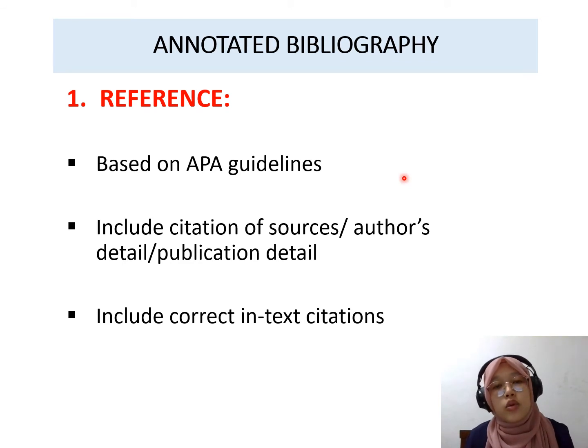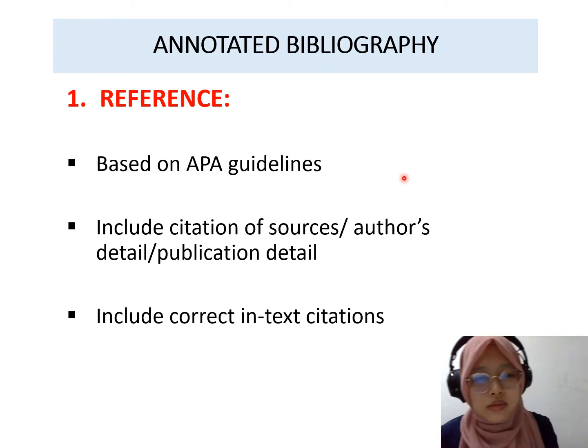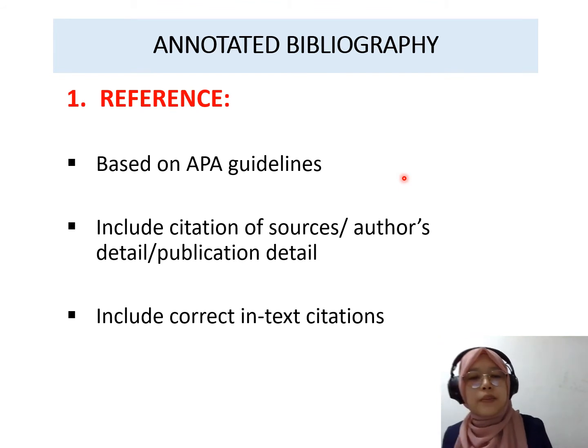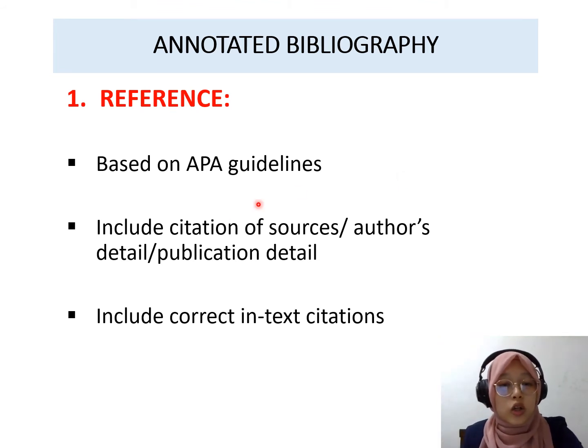Now, when you write the bibliography or anything like a summary or research, you have to follow a certain format, and usually we use APA format. For example, you want to include a citation of source, the author's details and publication details. Author's details like the name of the author.